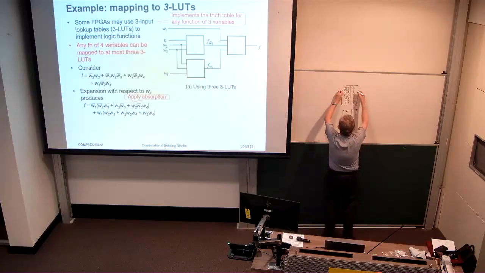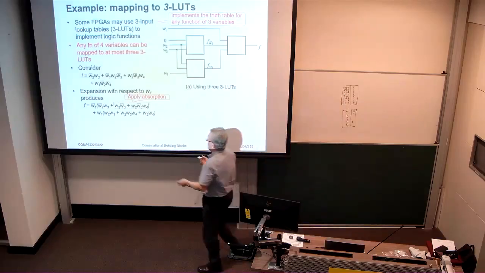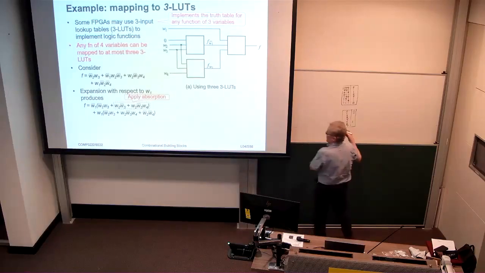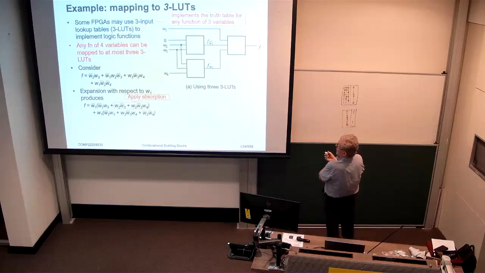So that's this guy here is 1. So we have 0, 1. And we have not W2, W3, a 1 down here at 5. We have W2, not W3, W4. So that's 5 as well. Did I do that wrong?